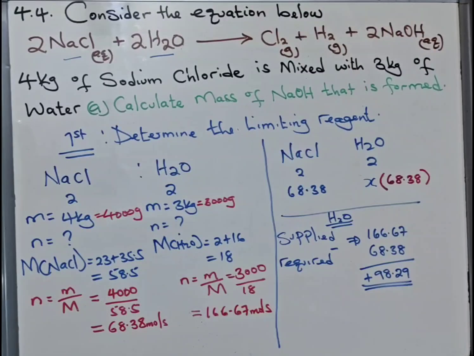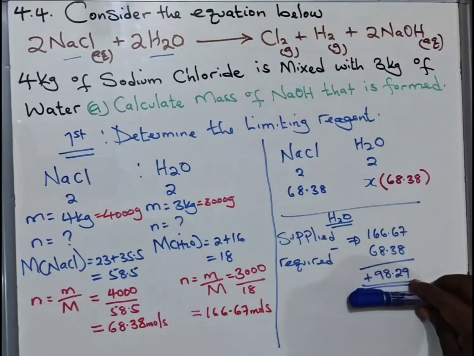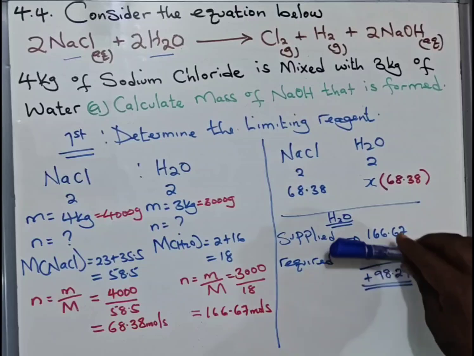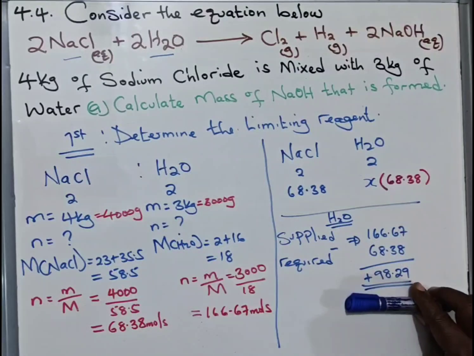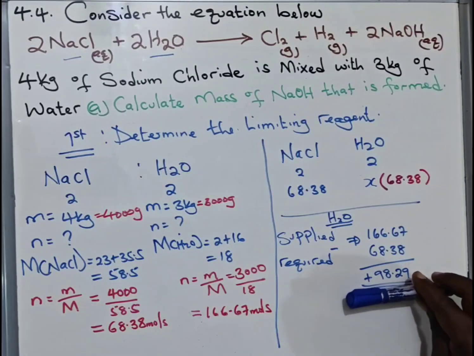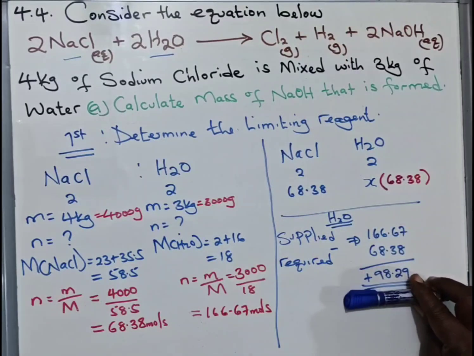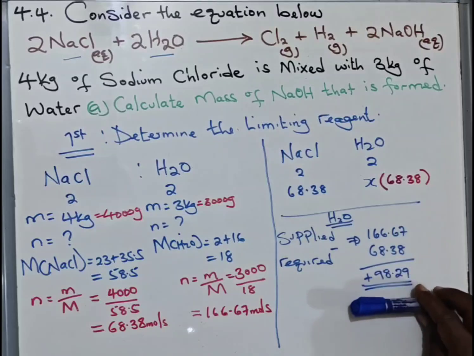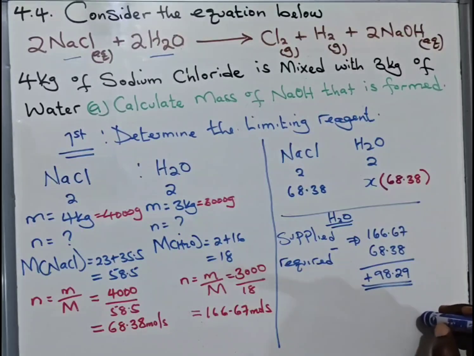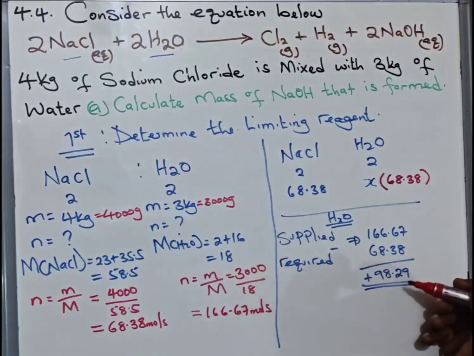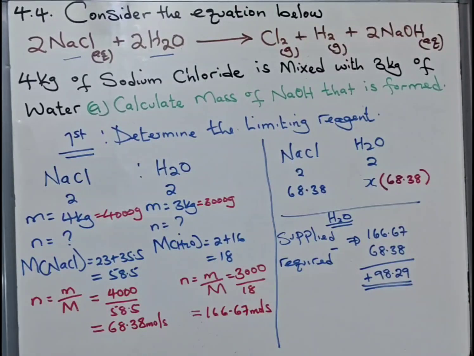Now, you need to know that if this difference between supplied and required is positive, it means that whatever entity you are dealing with here is in excess. And if it's negative, then it means that whatever you are dealing with is the limiting reagent. So this is the water we are talking about here, and it's positive. So what does that mean?